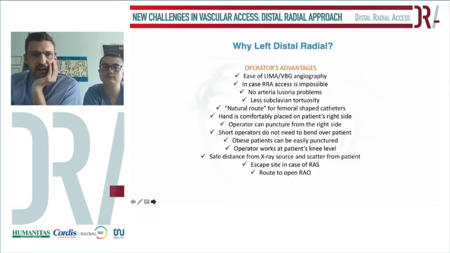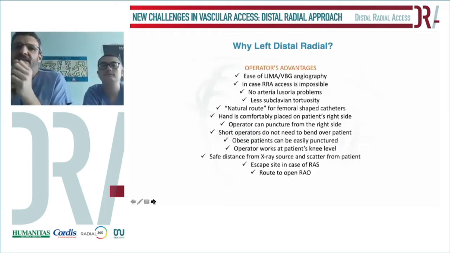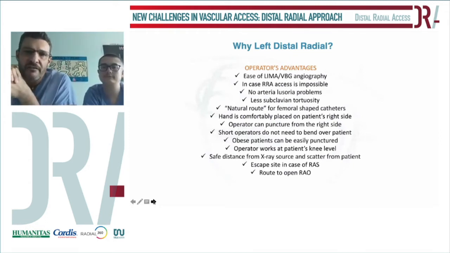Sorry for the delay. So we can conclude what the advantages and the rationale are for using the left distal radial approach. Operator advantages are in case of need of LIMA opacification, or when the right radial approach is not feasible.